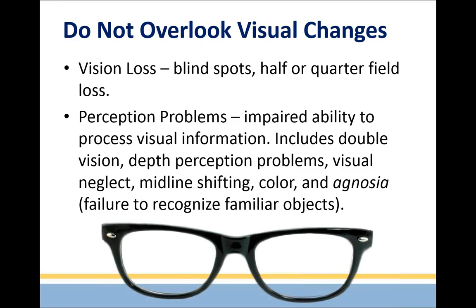For instance, putting prisms in the glasses to get rid of a blind spot, or there's other things as well. There's all kinds of strategies that may help them to be, for instance, less at risk for falling. Does that answer your question? Yes. Okay. All right, then next slide.